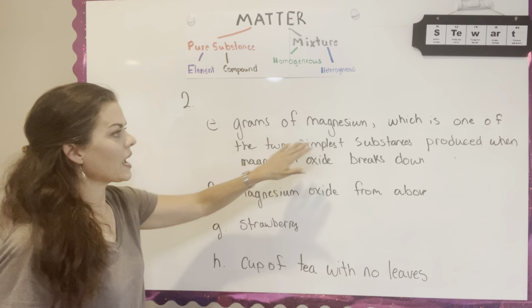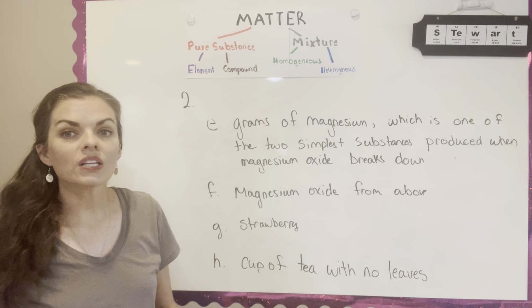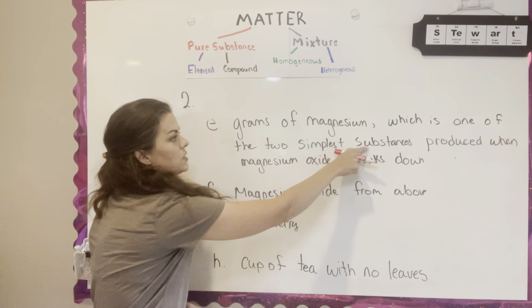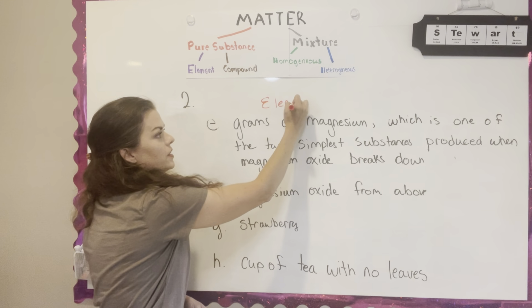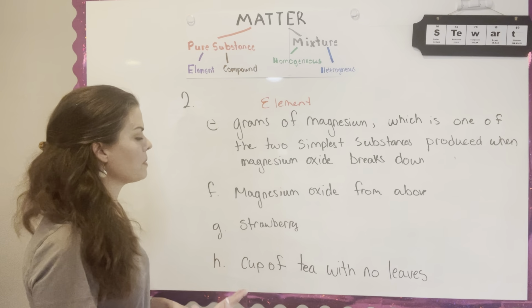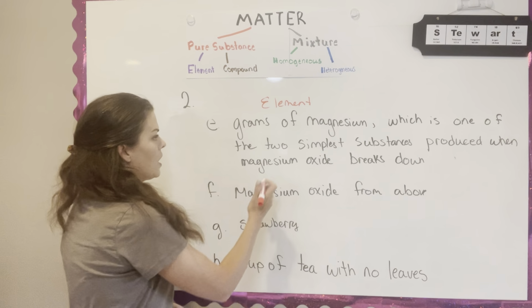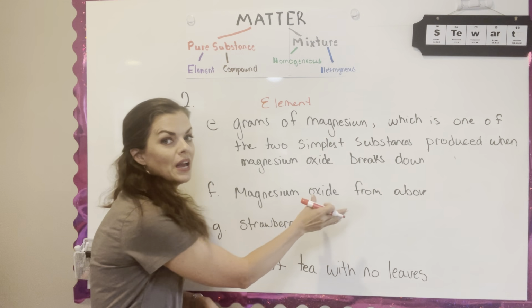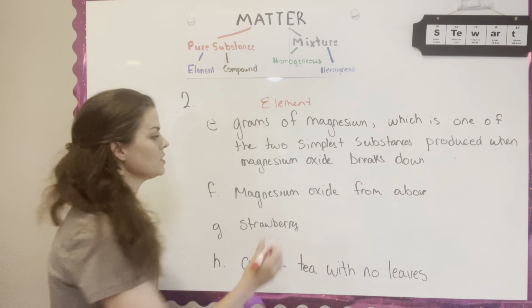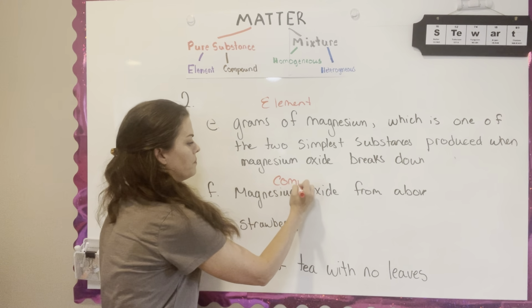And so E is asking for that magnesium. Well, if this magnesium is the simplest substance and it can't be broken down anymore, it is an element, and you will find it on your periodic table. F, magnesium oxide from above. It's not an element because it's multiple elements together, right? Magnesium and oxygen. So this is just a compound.